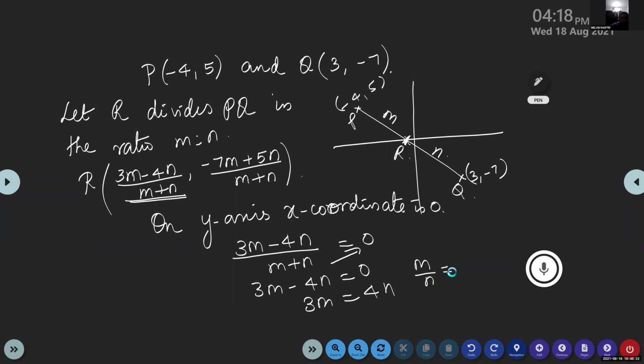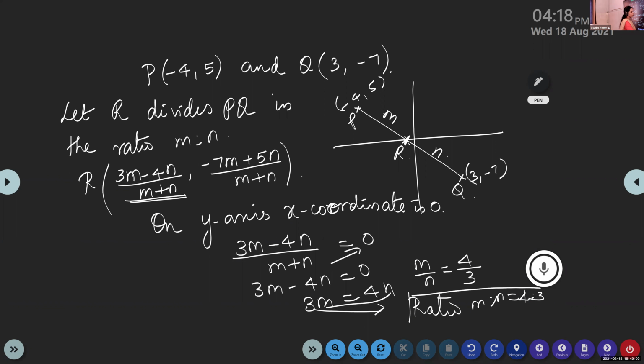How will you get 3 by 4? 4:3. Yes. You take n here, so this one should go there, and m by n will be 4/3. Therefore, the ratio m is to n is equal to 4:3.